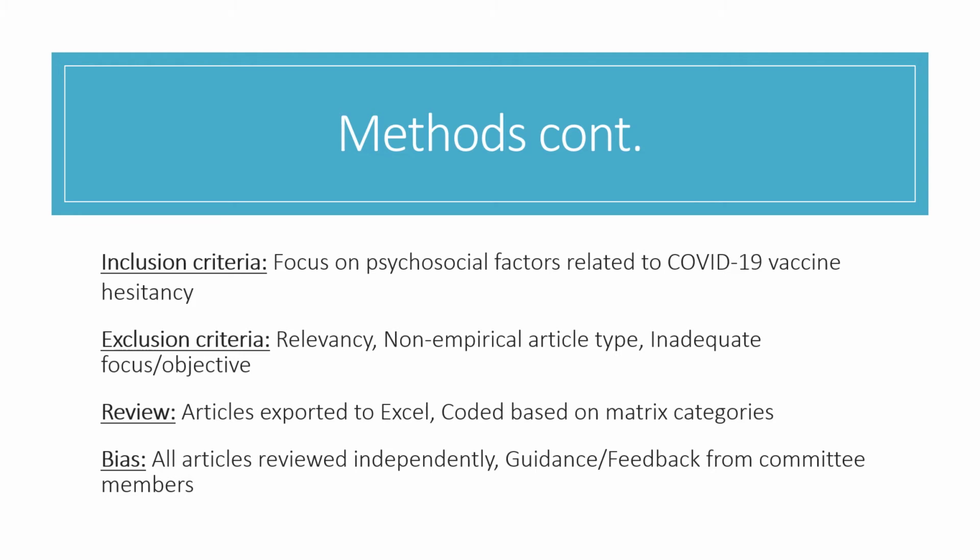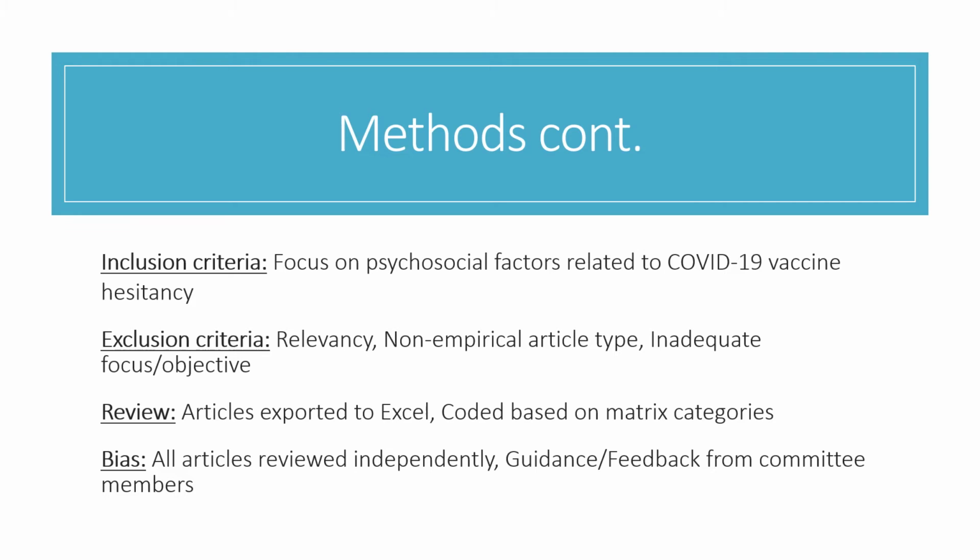Some articles did find their way into the final pool of articles, and so those were excluded. Also, any article that was not an empirical article type, so these would be review articles, commentaries, clinical opinions and guidelines, were excluded because my systematic review is solely focused on original empirical research.